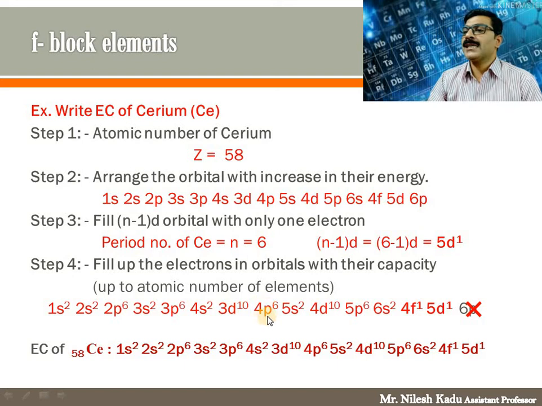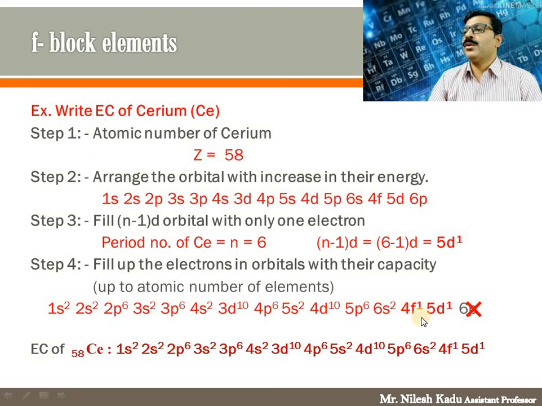Then 4p contains 6 electrons. 5s contains 2 electrons. 4d contains 10 electrons. Then 5p contains 6 electrons. 6s contains 2 electrons. And the next orbital is 4f.